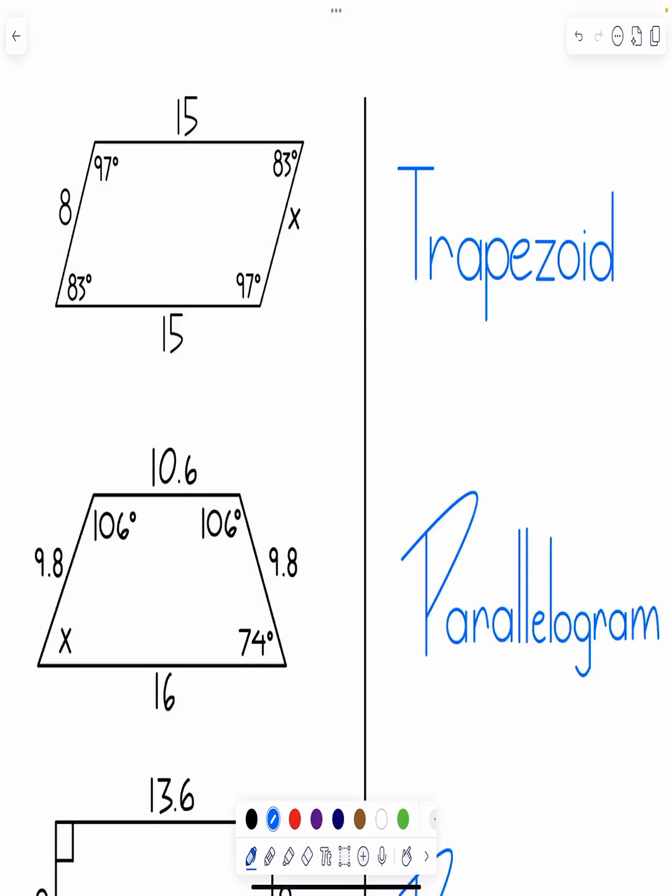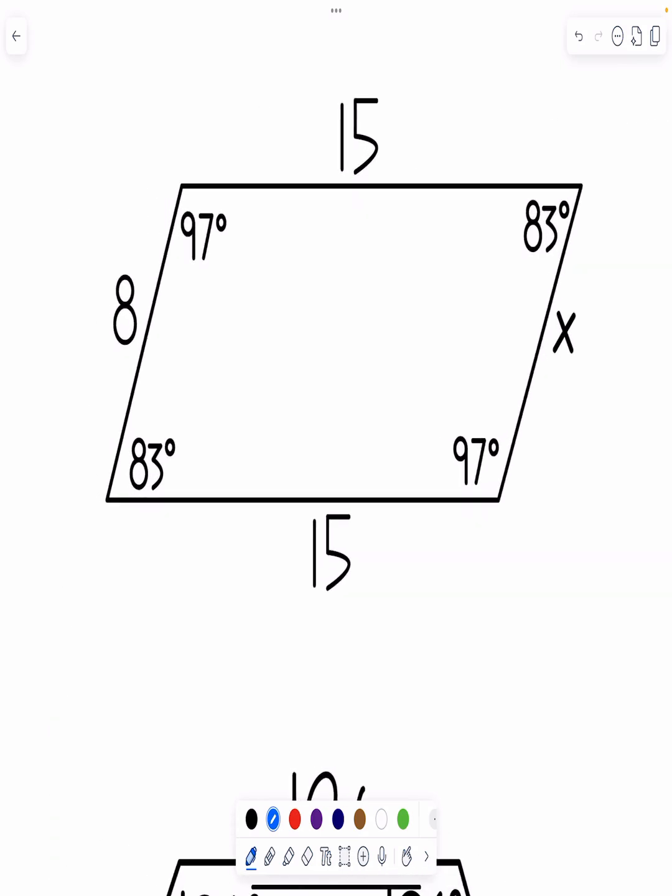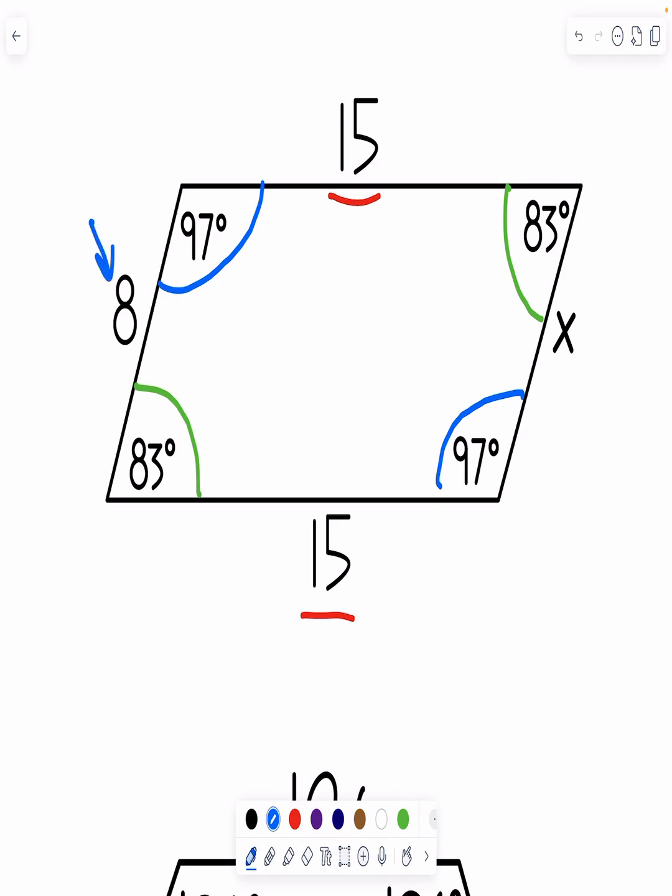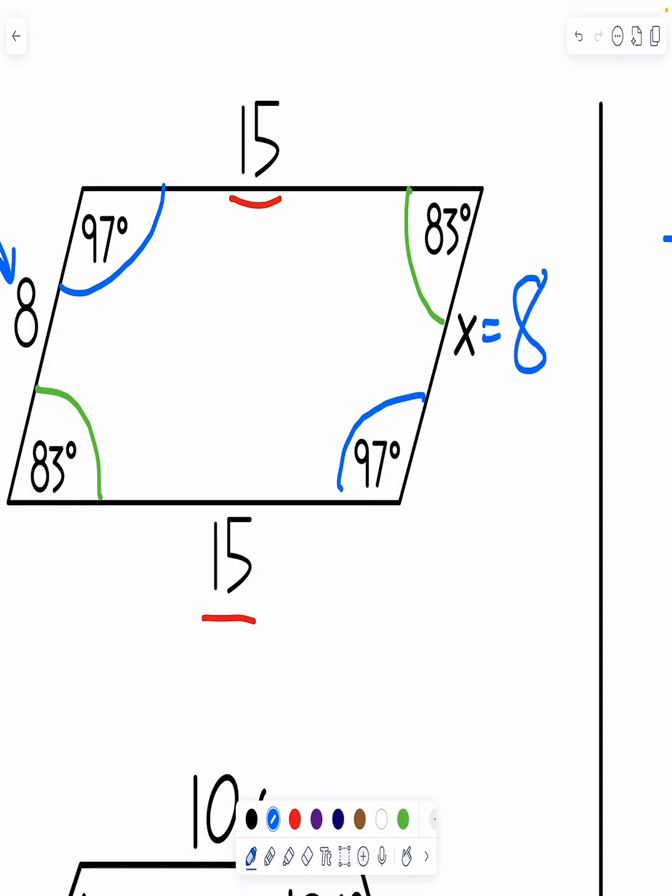If I take a look at the figure to the top left, I have a side that corresponds to another side, and then I have opposite facing angles that are equal to each other. So in this case, this figure denotes a parallelogram. I can also see that if this side here is 8, then x must be 8.